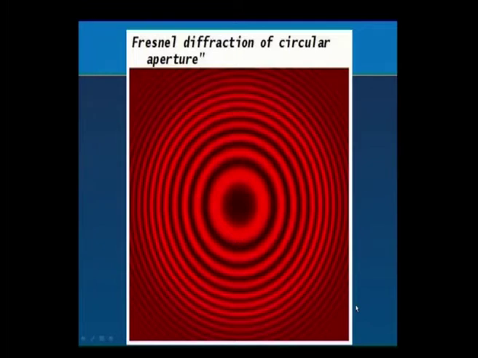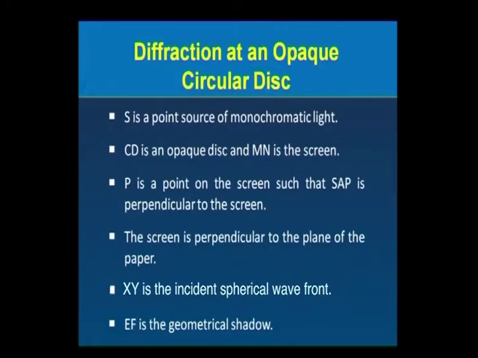So, we have been discussing so far the phenomenon of diffraction due to a circular aperture. Now, we will pass on to what happens when a light beam is intercepted by a circular disc. In the path of the light beam, instead of a hole, I am going to place a disc.